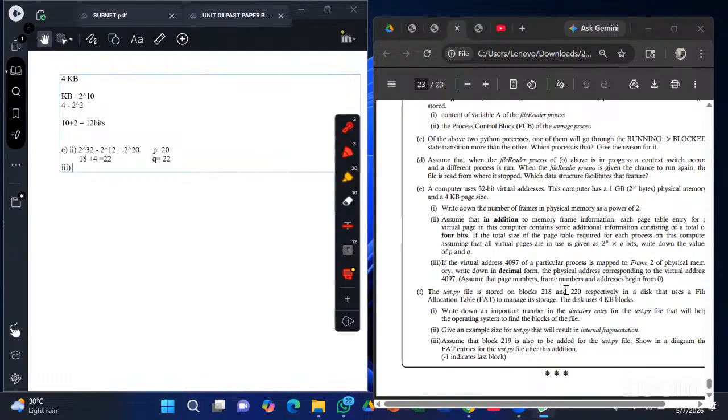So what is the page number? Now 2 to the power 20, okay?